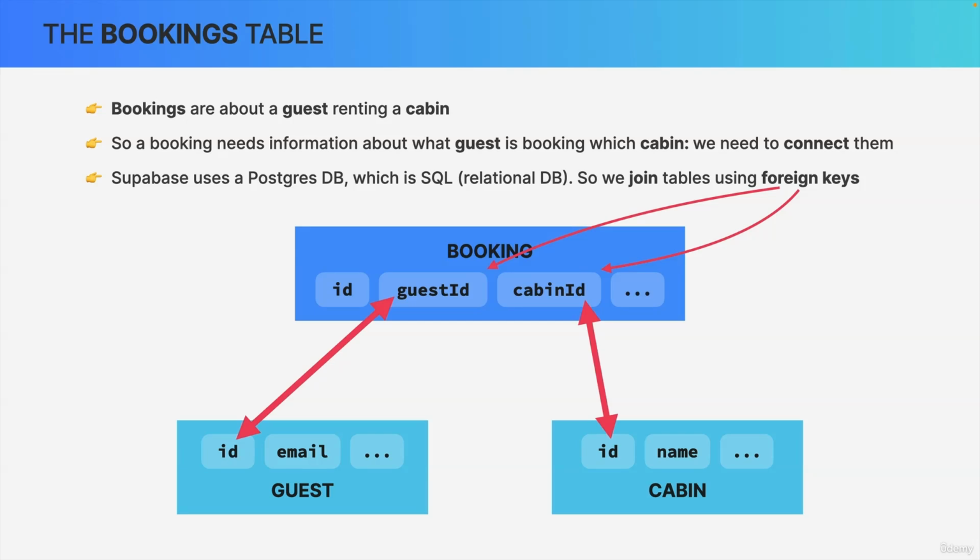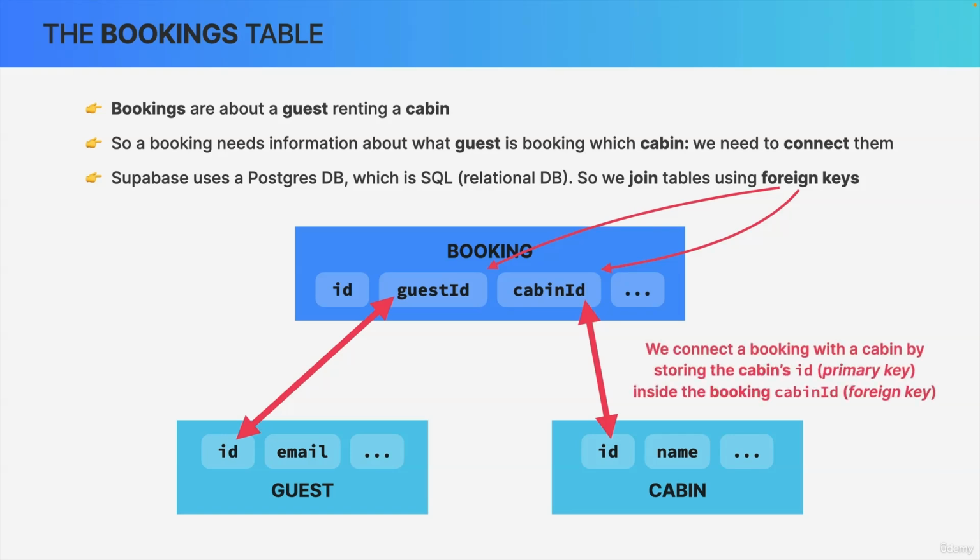Now, okay, and so let's just quickly recap this. So essentially, we connect a booking with a cabin simply by storing the cabin's ID, which is the primary key of the cabin, inside the booking's cabin ID, which is then the foreign key. And we also do the exact same thing with the guest.